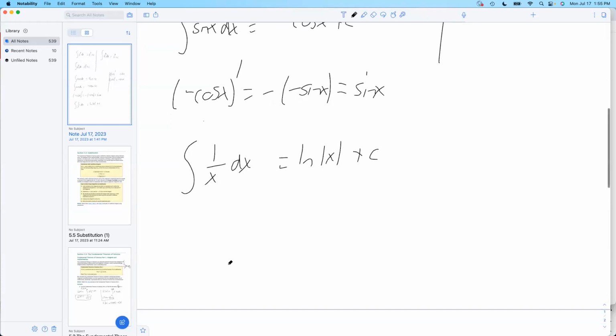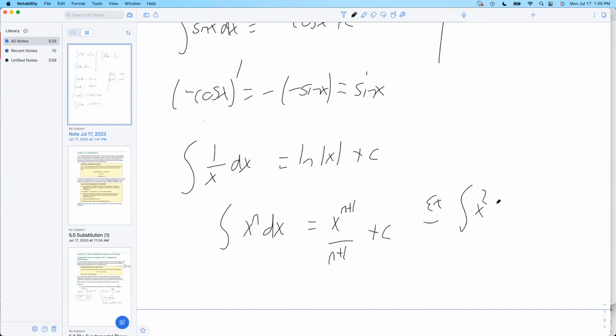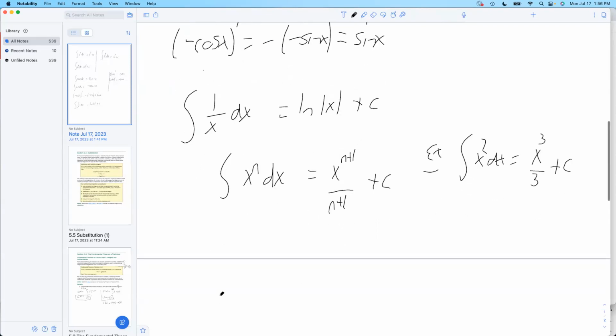I will say, remember, the antiderivative of x to the n dx, where n is a real number, is x to the n plus 1 over n plus 1 plus c. That's our power rule, right? Like, we know, for example, the antiderivative of x squared dx would be raise the power up by 1 and divide by the new exponent. That formula doesn't work here.